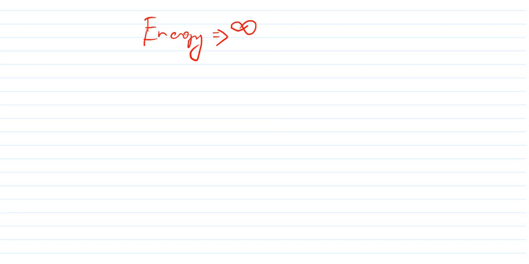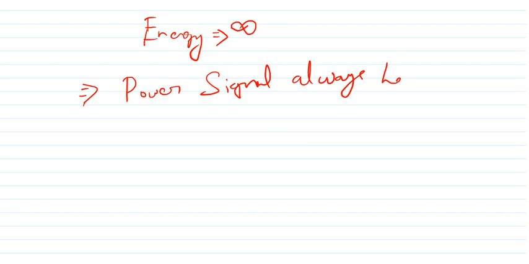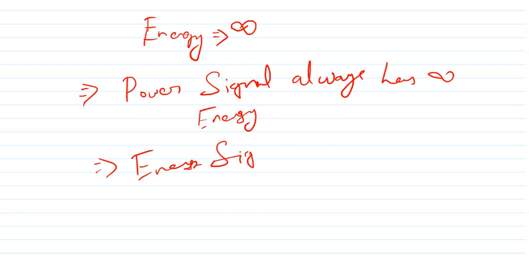So what is the thumb rule? A power signal always has infinite energy, and an energy signal has zero power.